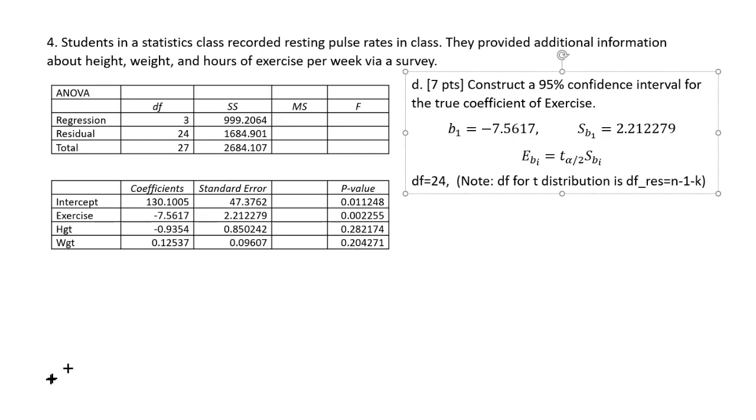Okay, so we have that, and now you have to go to the t distribution and find out the critical value. You can go to the t distribution table with 24 degrees of freedom and then find the critical value for the t distribution, or you can also use the calculator. So I like to use the calculator. So t alpha over 2 is inverse t.